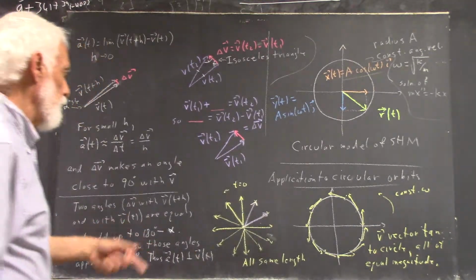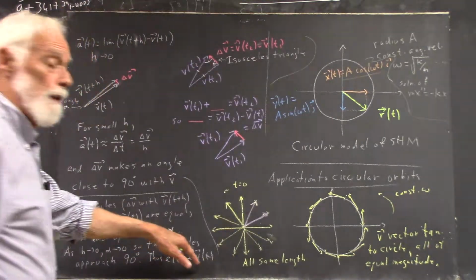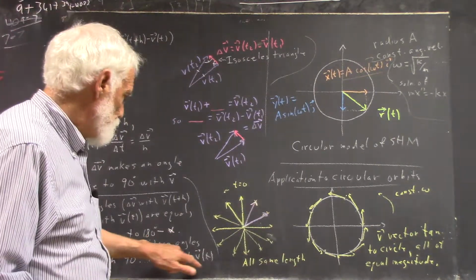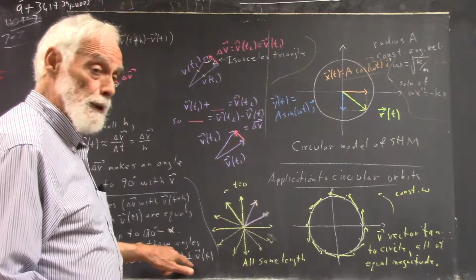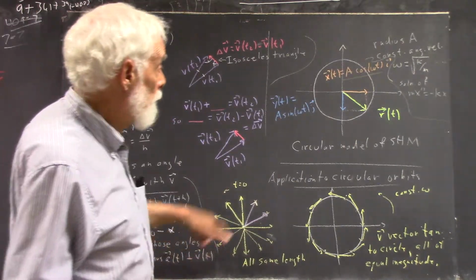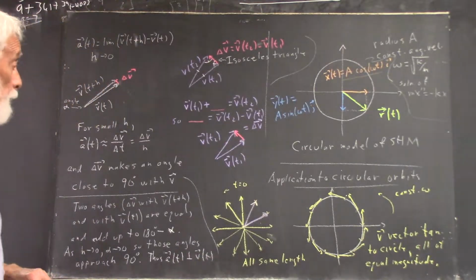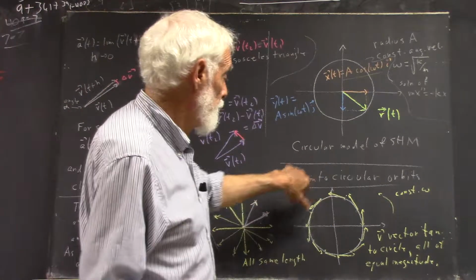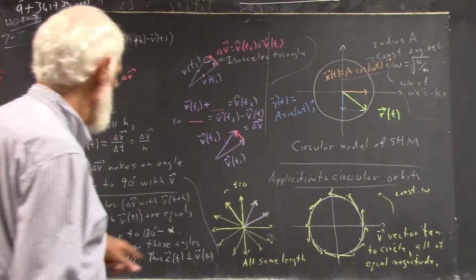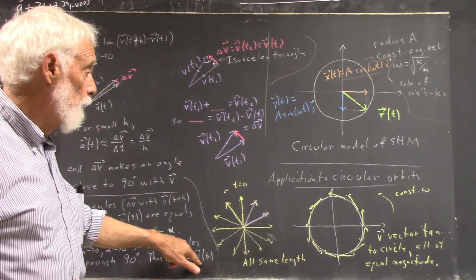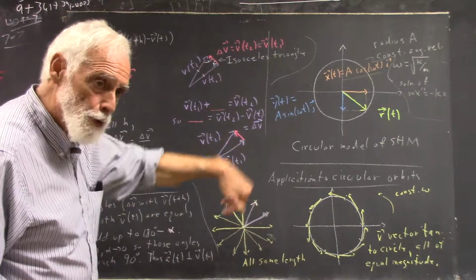Now remember, that's not a general thing. It's not a general statement. It only applies if omega is constant, but that's what we're talking about here. Okay? So for constant angular velocity, you have an acceleration that's perpendicular to the velocity. Therefore, back toward the center.